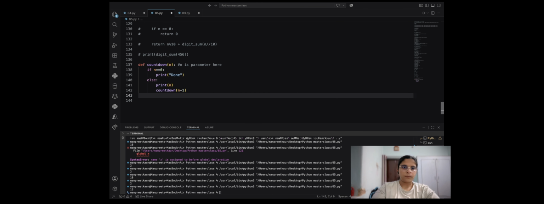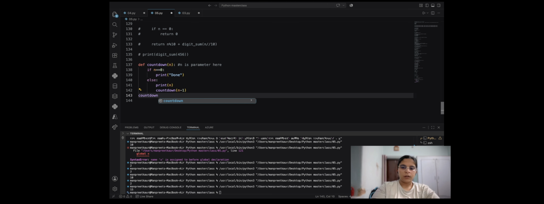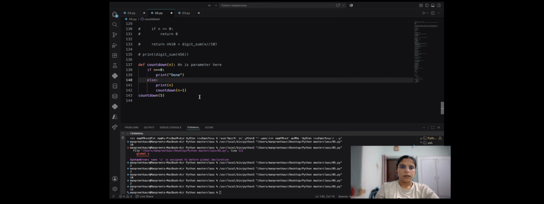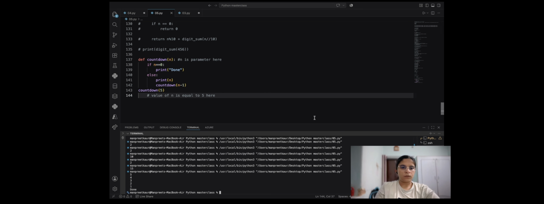Now we are calling this with 5, which means the value of n would be 5. Here, I'm going to run this code.